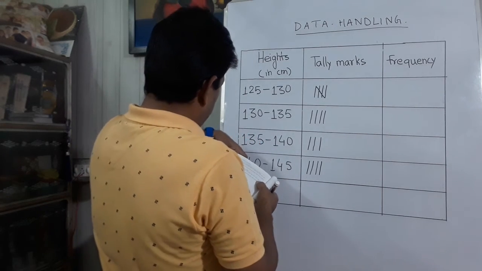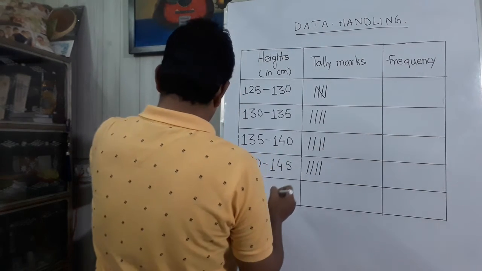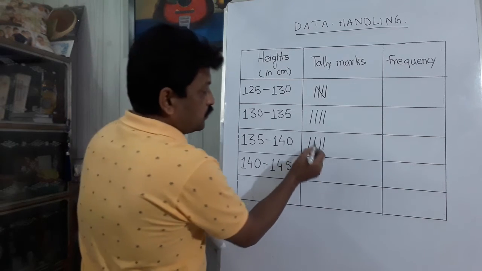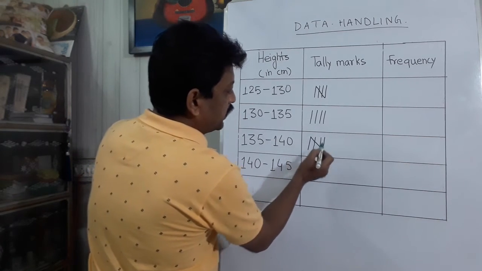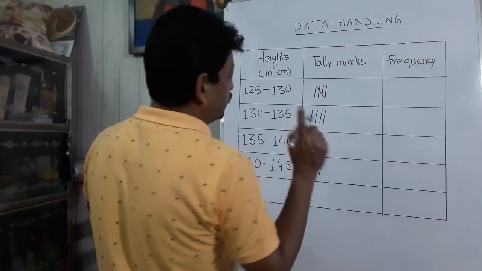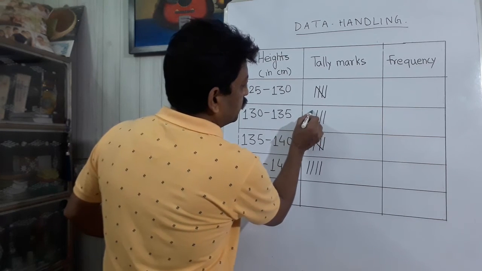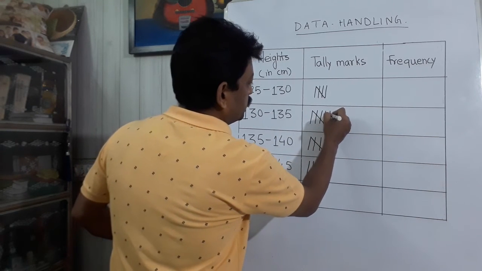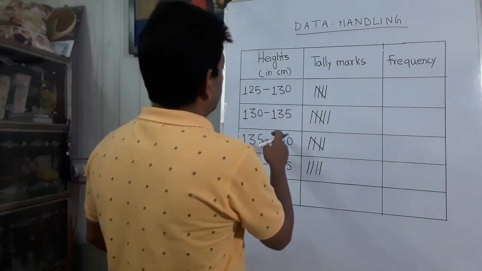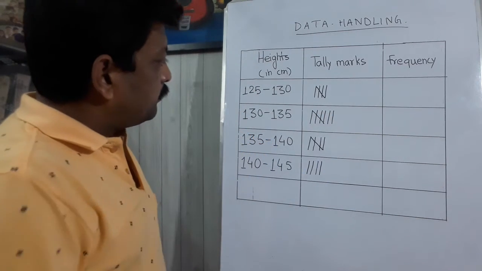Then 136 will come in this class, 135 again will come in this class, but already 4 is completed, so I have to cut like this to make it 5. Then 132 twice, 130 will come in this class, already 4 is done, so this is 5 and one more is there. Then 133 again here. So the tally marking is completed.